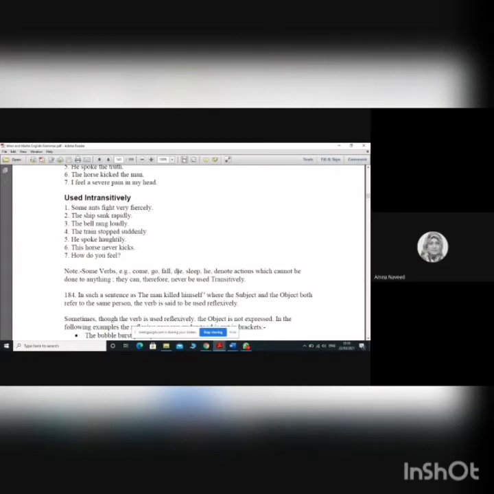But he died, he is the subject and died is a verb. The baby slept in the morning. So sleep again is a verb that is used as an intransitive verb. Come on. So in this particular sentence, the subject is assumed because definitely you are saying somebody to come. So come is used as an intransitive verb here.